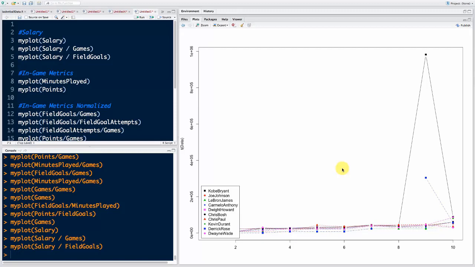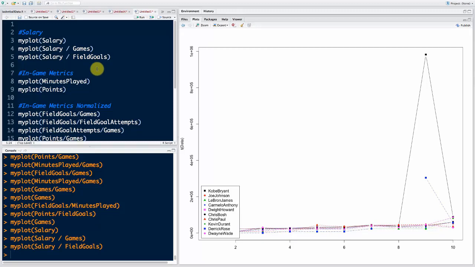Therefore, visualizing salary and in-game statistics together might not be the best option. The reason for that is that salary is not affected by injuries, whereas in-game statistics are. The players get paid regardless of whether they're playing or not. They have contracts, but their statistics such as games played, field goals, and so on, do get affected.